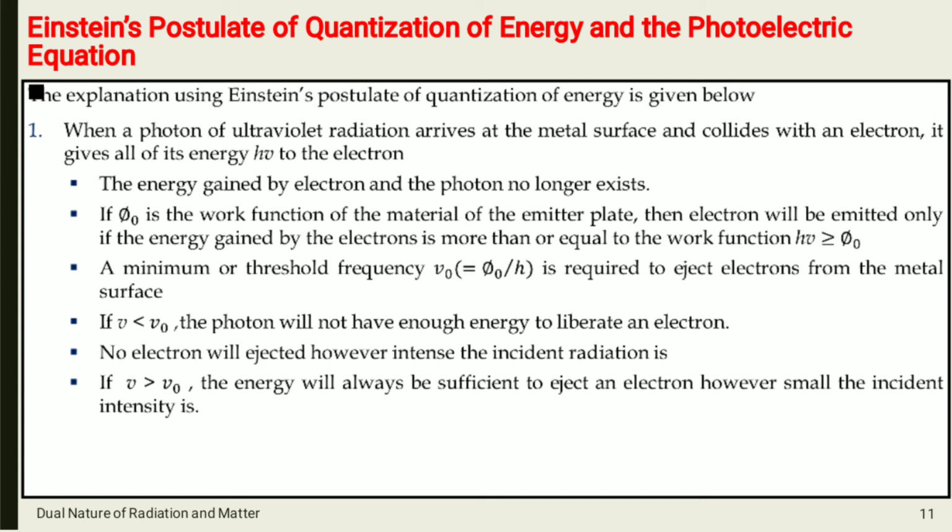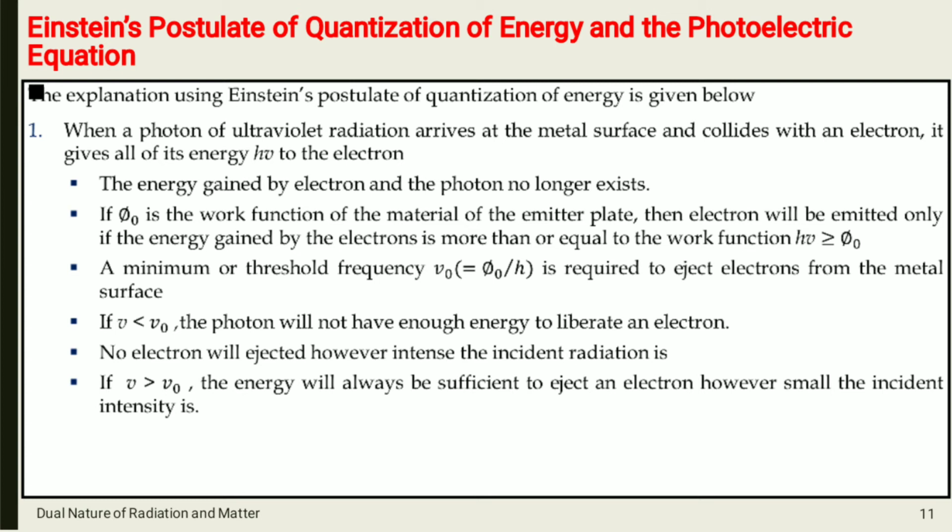Means when a photon of ultraviolet radiation is incident on the metal surface, we are providing energy in the form of ultraviolet radiation of some particular frequency, right? And all the energy is gained by the electron and the photon, means that the photon is absorbed by electrons on the metal surface.